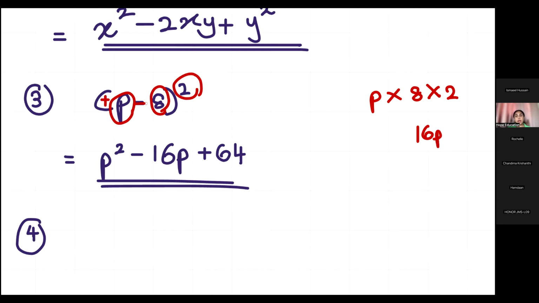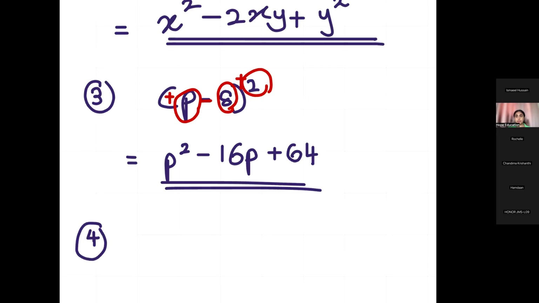So plus times minus is minus. Minus times plus is minus. So it's minus 16p. Is it clear? Yes. Okay. Tinuti, is it clear? Okay. Let's do another example.